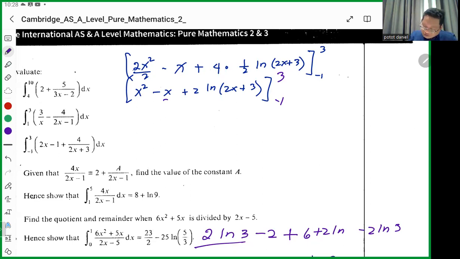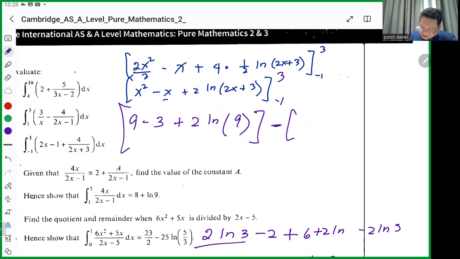So now let's do this one directly. This is going to be 9 minus 3 plus 2 ln 9, and then minus, you plug in the -1, so that is 1 plus 1 plus 2 ln 1.